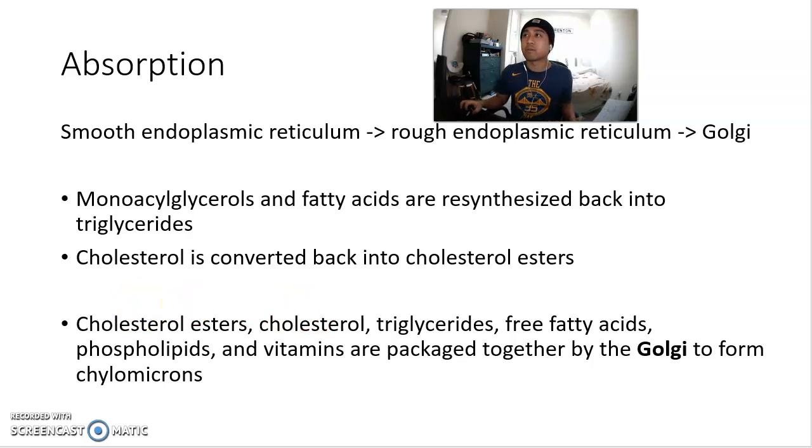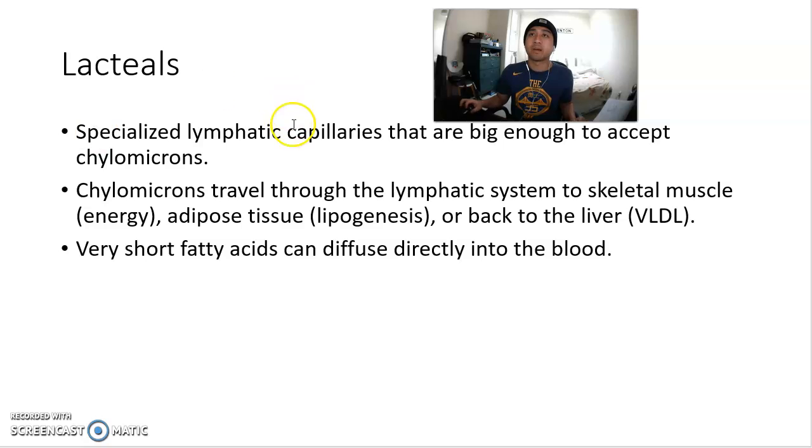So these chylomicrons will travel through lacteals, which are specialized lymphatic capillaries that are actually big enough to take in these chylomicrons.